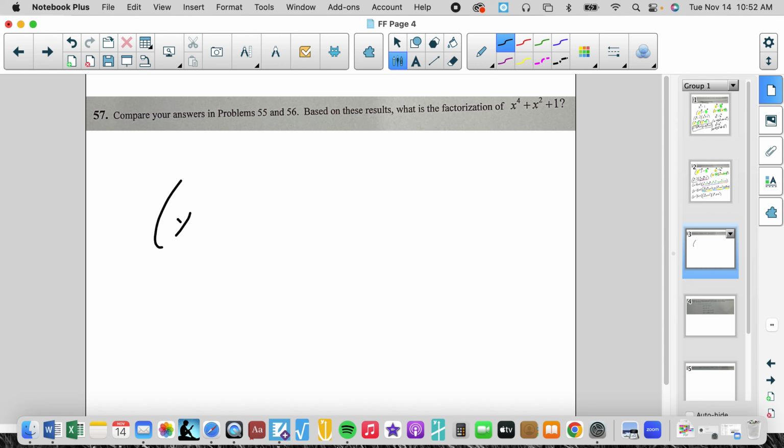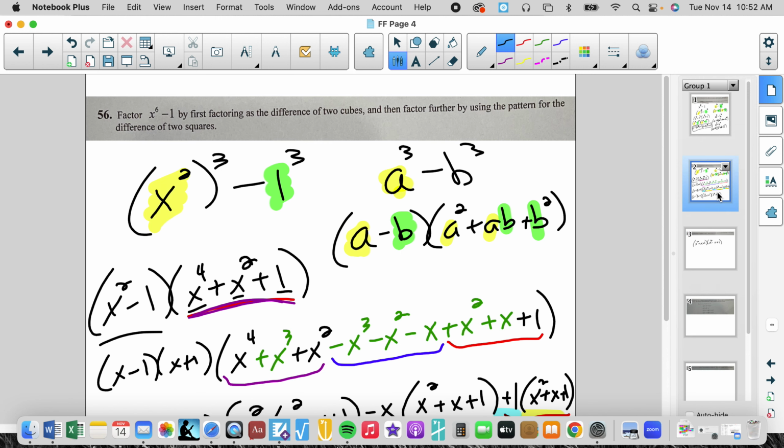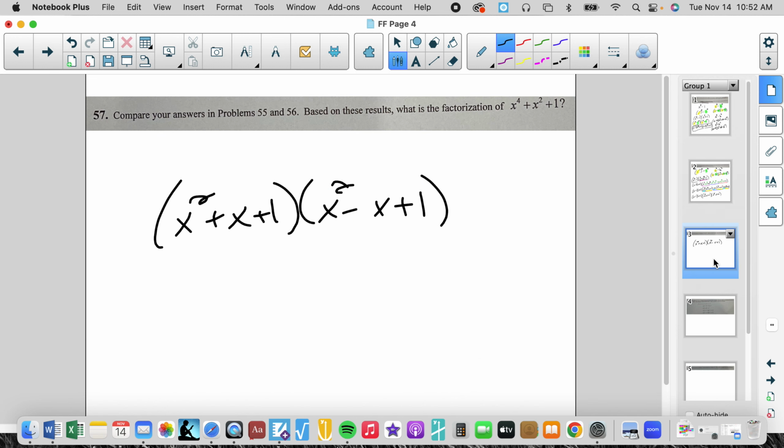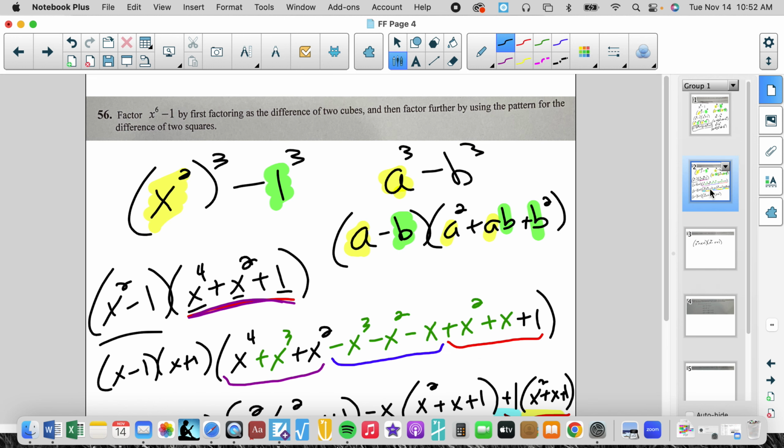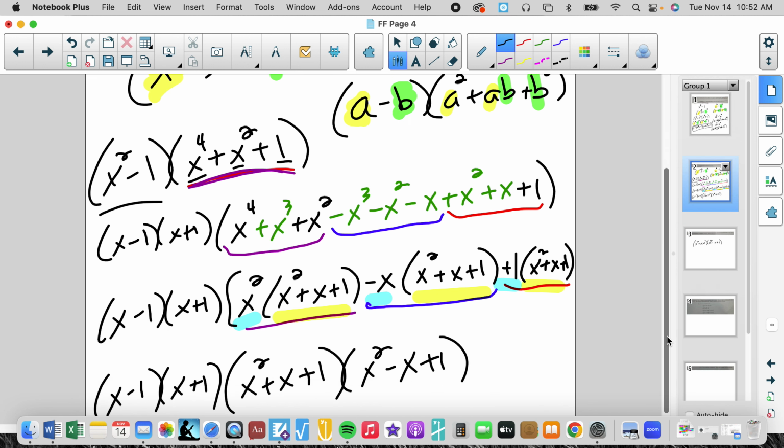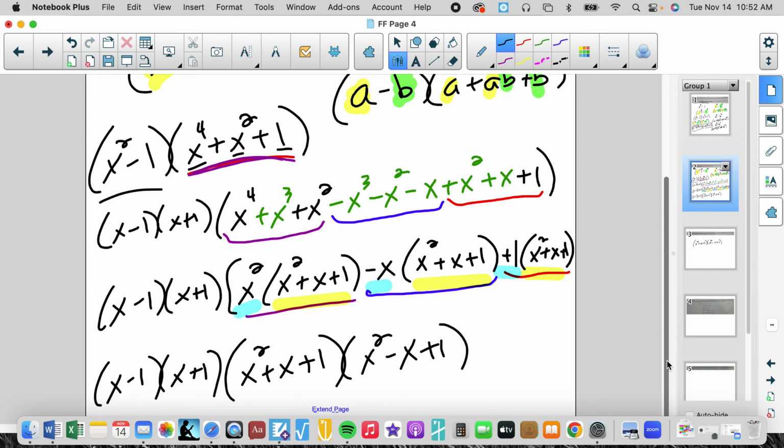Well, it's going to be x squared plus x plus 1 and x squared minus x plus 1. So that's what it would break down to after all this stuff right here, the purple, blue, and red. We saw that it factored to those two terms.